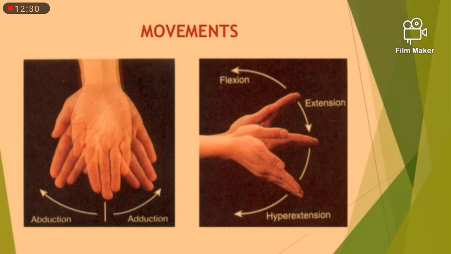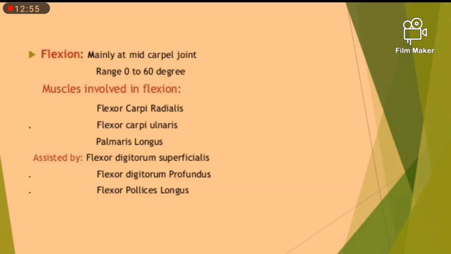So here you can see the two deviations, that is this is radial deviation and this is ulnar deviation, or you may say this is abduction and this is adduction. And here you can see this is flexion and this is extension and hyperextension.